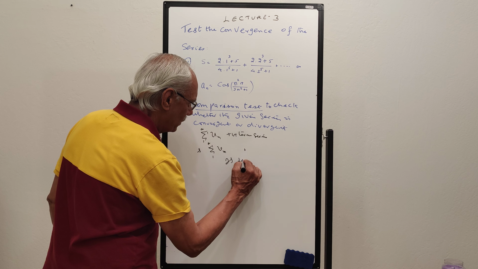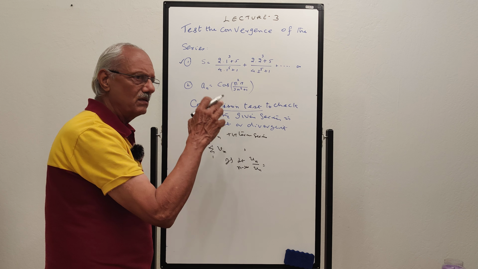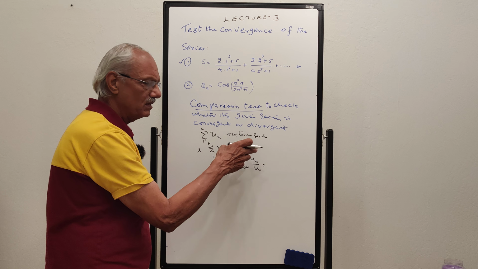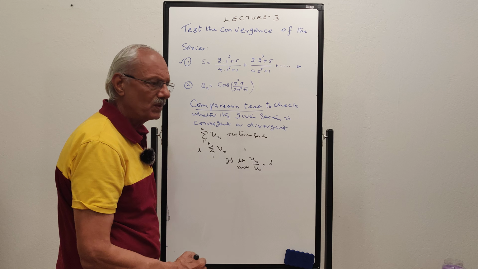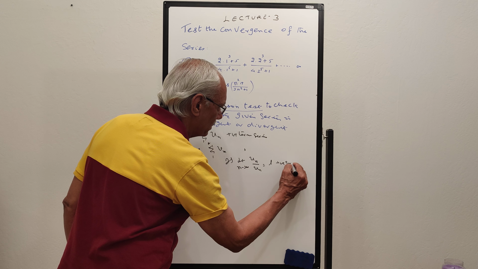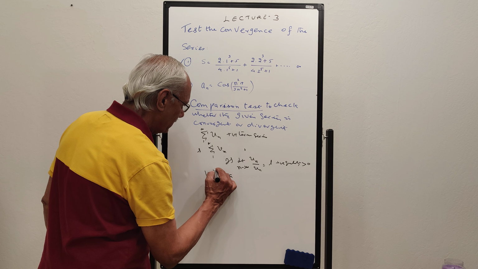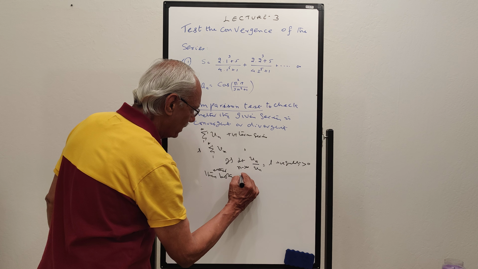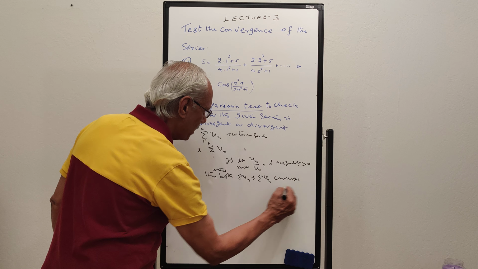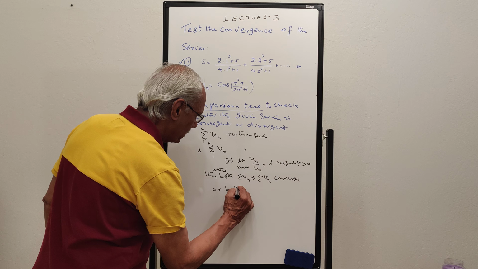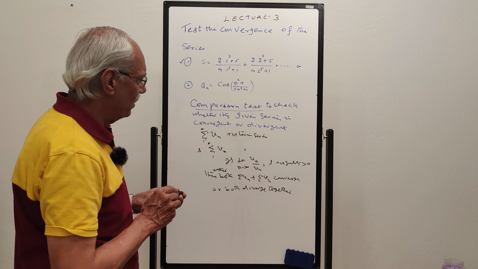If the limit as n tends to infinity of un by Vn, where un is the nth term of the first series and Vn is the nth term of the series sigma Vn, is equal to some L, a positive quantity greater than 0, then either both sigma un and sigma Vn converge, or both diverge together. This is what is called the comparison test.